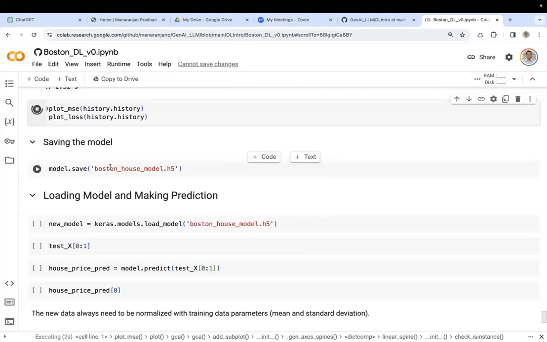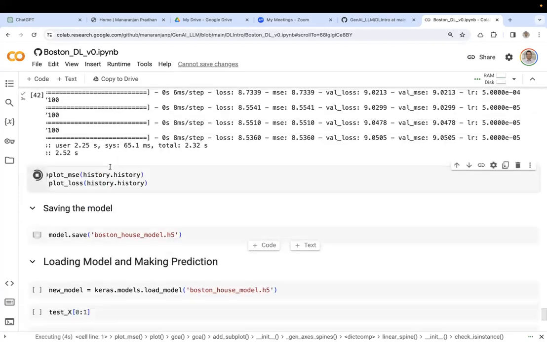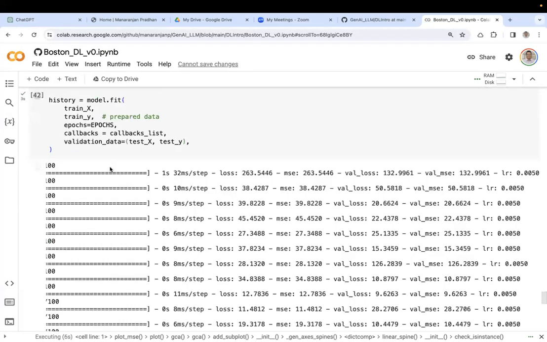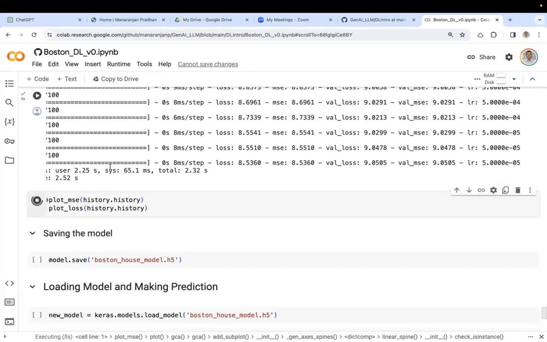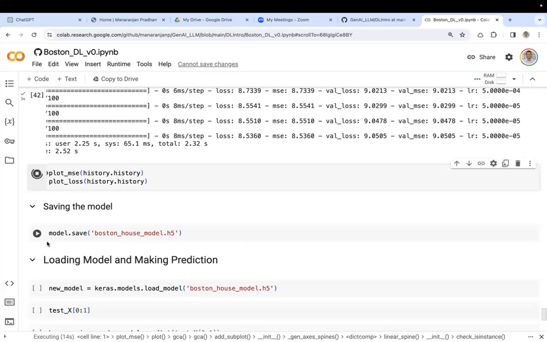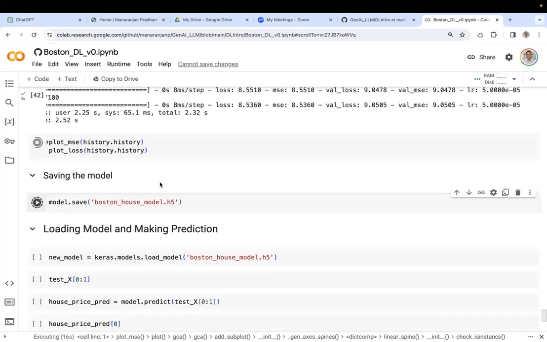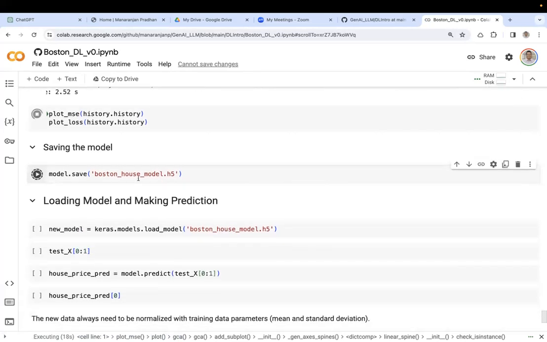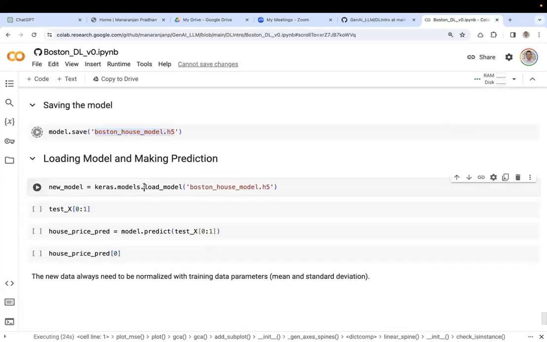And ultimately, of course, you can save the model. Why is it taking so long? You can save the model and then simply say model.save. You're going to save it to the local system, and you can also load the model from the local system.